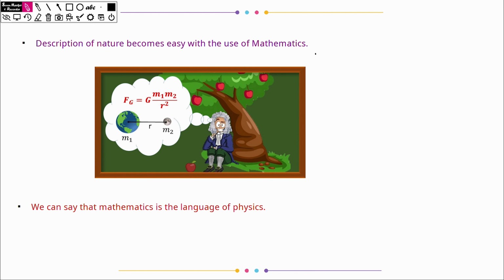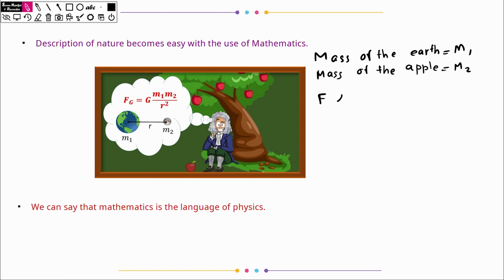Therefore, I will write mass of the earth equal to m1 and mass of the apple is m2. Then according to Newton's law of gravitation, force between them is proportional to m1 m2 by r square.